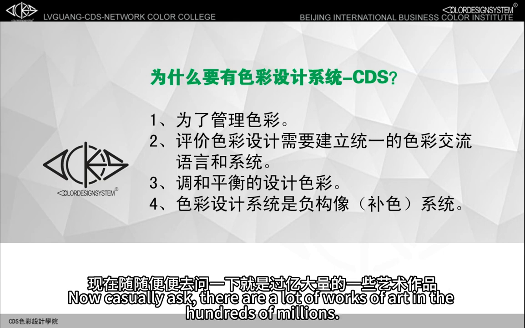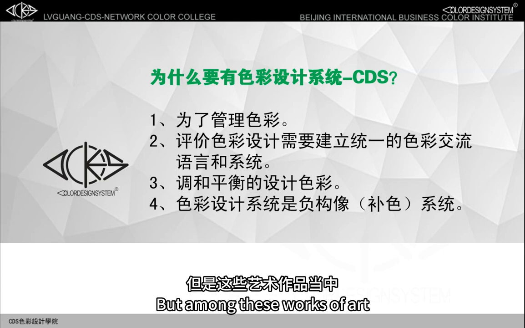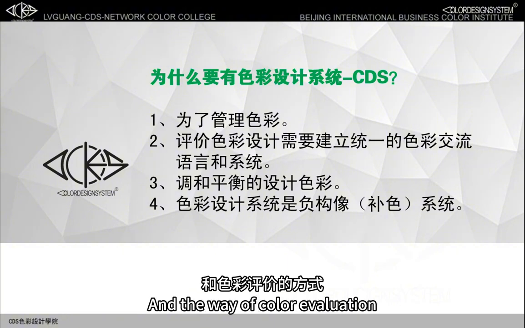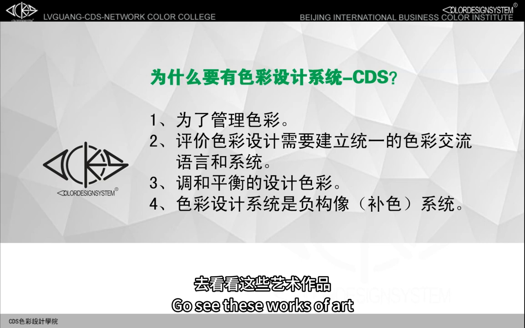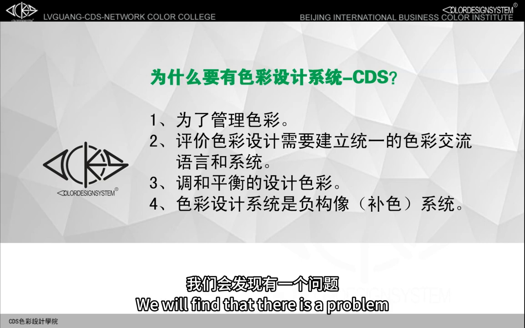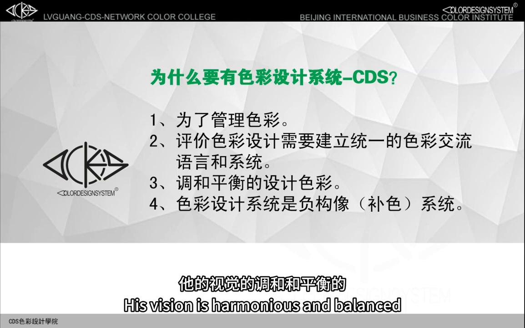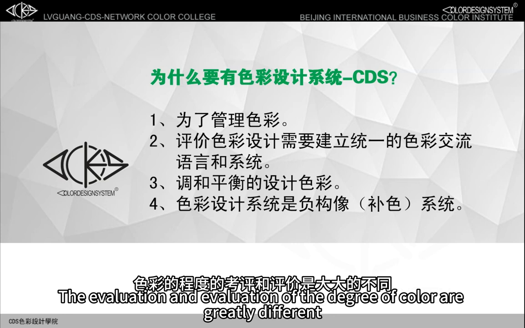There are works of art in the hundreds of millions. But among these works of art, if we use color management and the way of color evaluation to consider these works of art, we will find that there is a problem. Their visual harmony and balance, the evaluation of the degree of color, are greatly different.